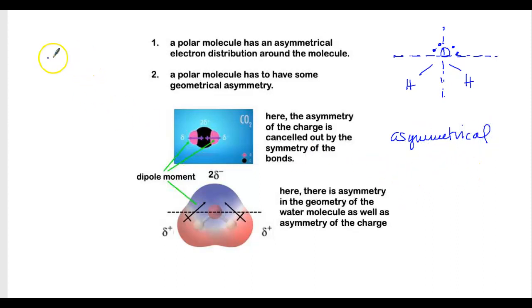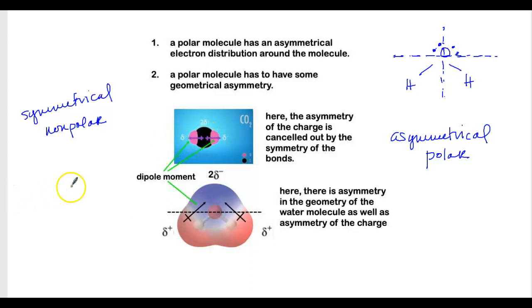Okay, if I have a molecule that is symmetrical, no matter how I slice it, whether it has polar or nonpolar bonds, if I have a molecule that's symmetrical, then that is nonpolar. So symmetrical molecules are nonpolar, asymmetrical molecules are polar. Okay. Now, if you have something like this, this is a carbon dioxide molecule, right?